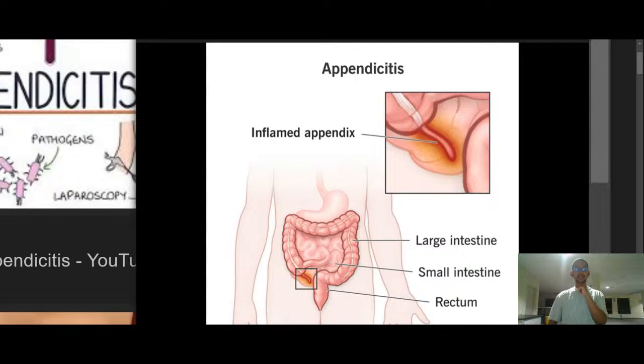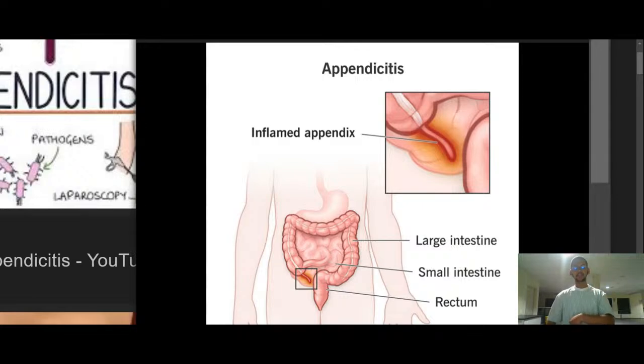In terms of the investigations, acute appendicitis is a clinical diagnosis with a history of symptoms of right lower quadrant pain, nausea, vomiting, anorexia, fever, and an appropriate physical examination.